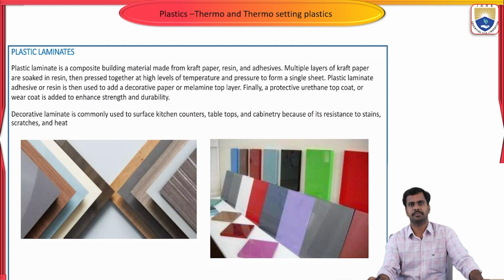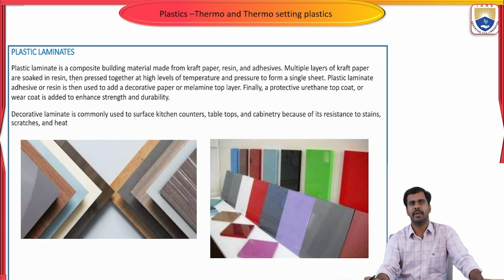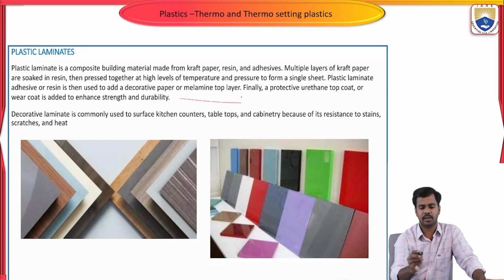Some plastic laminates. So plastic laminate is one more composite building material made from kraft paper, resin and adhesives. Multiple layers of kraft paper are soaked in resin, then pressed together at high levels of temperature and pressure to form a single sheet. Plastic laminate adhesive or resin is then used to add a decorative paper or melamine top layer.